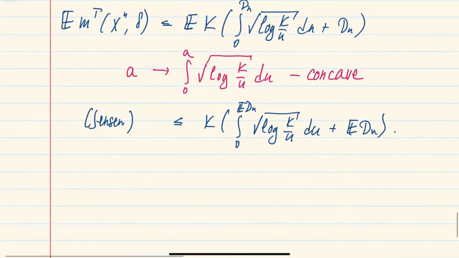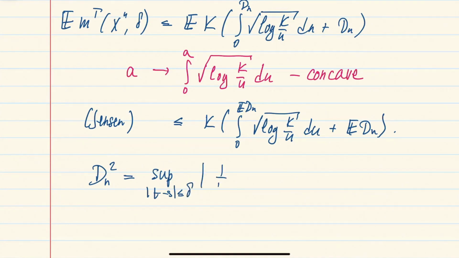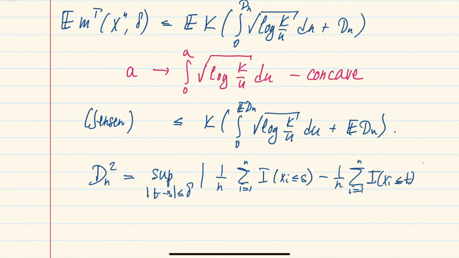So we have to see what this expectation of dn looks like. Let's recall that dn squared, in the particular case of indicator functions, is the supremum of the difference of indicators. So again, I'll write it as the average of indicators that xi is less than or equal to s, minus the average of indicators that the uniform xi is less than or equal to t.